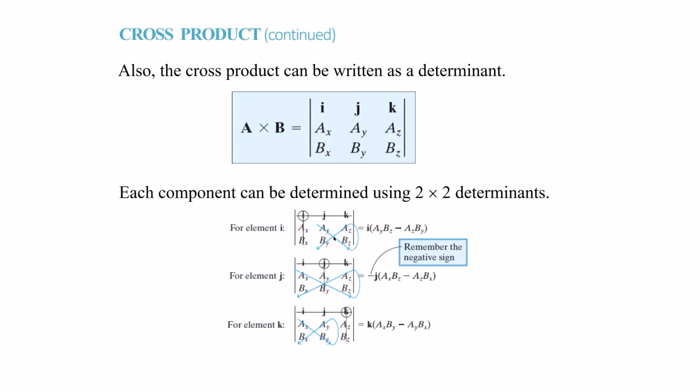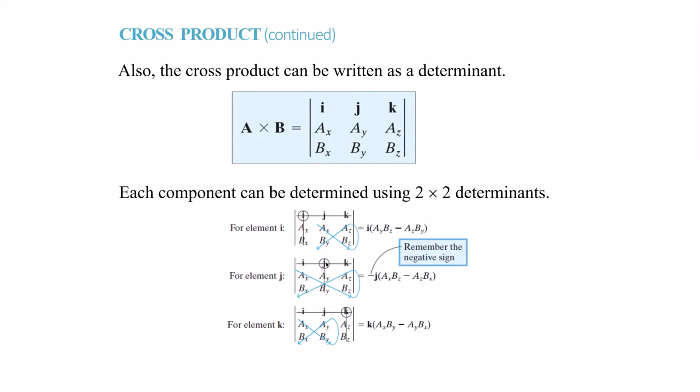You cross out the top row and the first column, the I column, and then it's AY times BZ minus AZ times BY. You're basically taking a 3 by 3 and creating a 2 by 2.